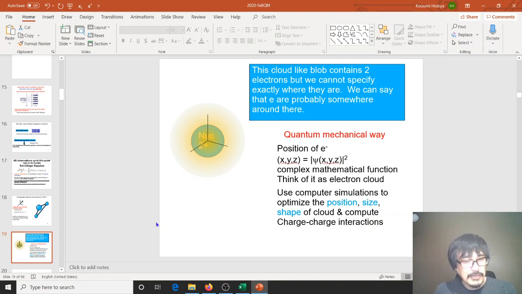Because you can solve for the orbital using the Schrodinger equation, you can figure out the shape, position, and size of these orbitals, and then use a computer to solve the electron-electron interactions and the electron-nucleus interactions. In other words, you can calculate the whole energy of the molecule. That means you can predict what's going to happen to the reactions.